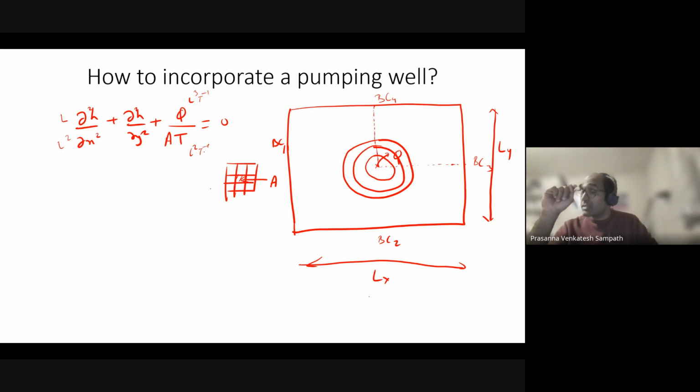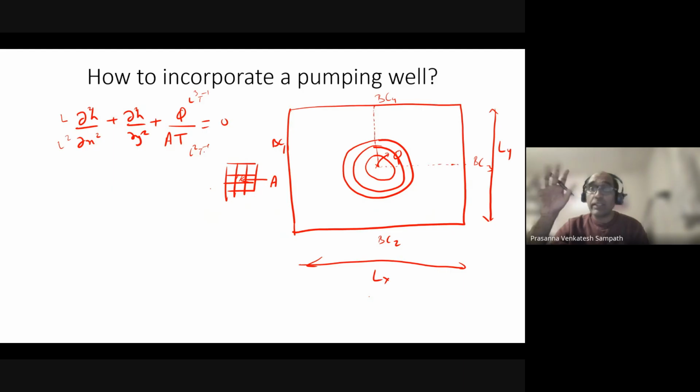The boundary conditions are the same on all four sides, boundary condition 1, 2, 3, 4. Either all of them have to be no flow boundaries, or all of them have to be constant head boundaries of the same value, whatever initial constant head is there. Okay, if that is the case, then I can use this.